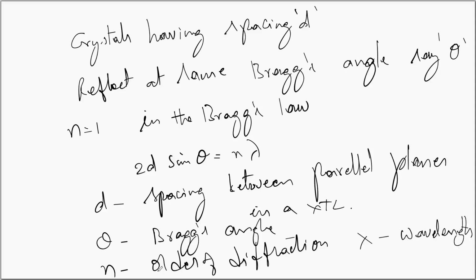The order of diffraction n can take values n equal to 1, 2, 3, and so on. n equal to 1 corresponds to the first order diffraction. We consider 1 as the value for the order of diffraction, so we'll be dealing only with the first order diffraction.